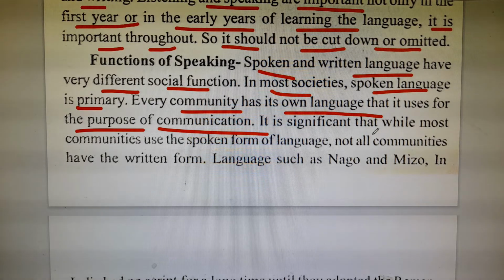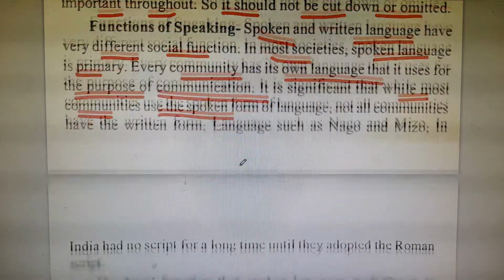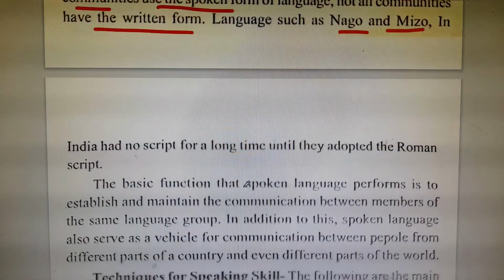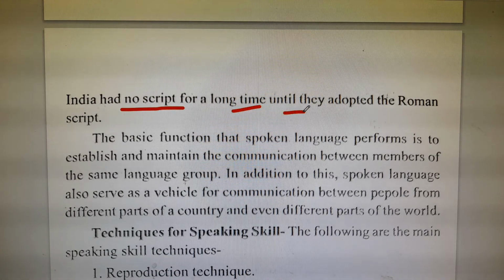It is significant that while most communities use the spoken form of language, not all communities have the written form. Languages such as Naga and Mizo in India had no script for a long time until they adopted the Roman script.